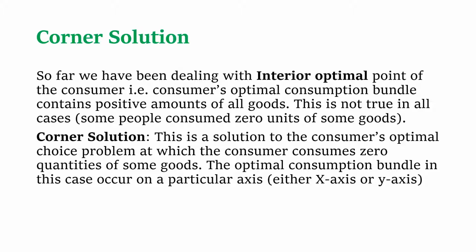As I said earlier, if you don't own a house, then we expect you not to consume that commodity. Likewise, if you don't drink alcohol, we don't expect you to spend your income on alcohol. So that means you consume zero amount of that particular good. Again, if you are not a smoker, you are going to consume zero amount of cigarettes, as opposed to somebody who smokes.